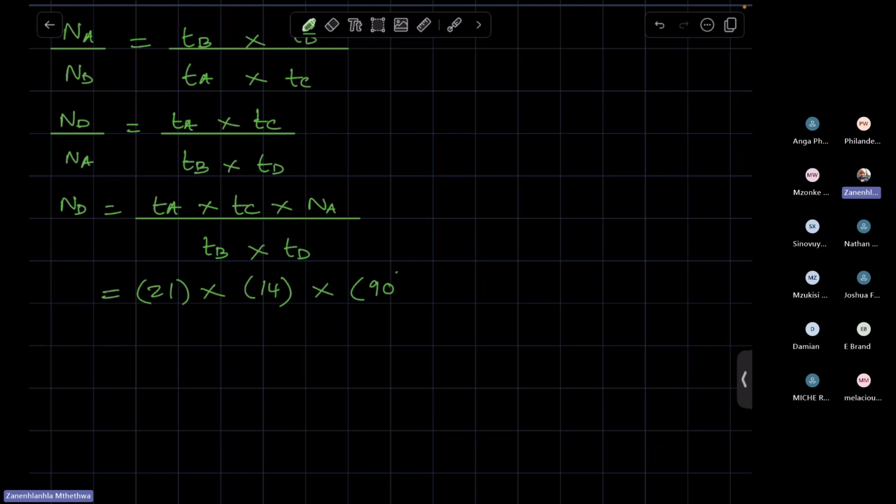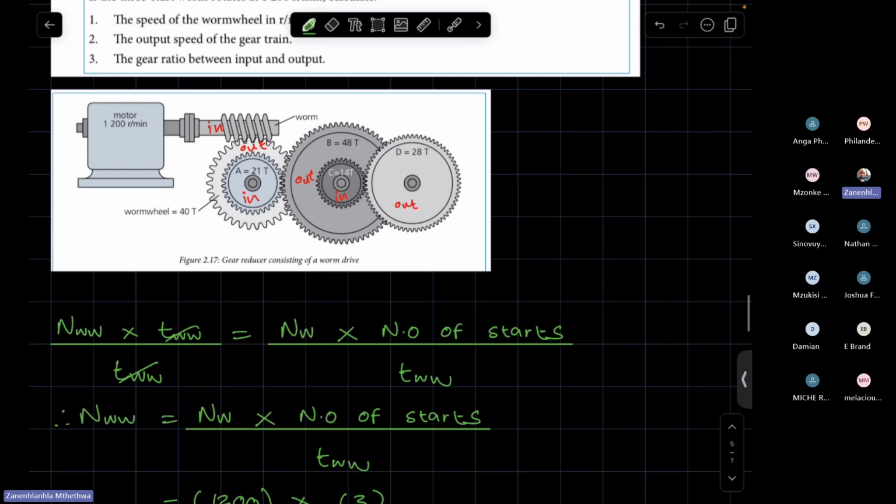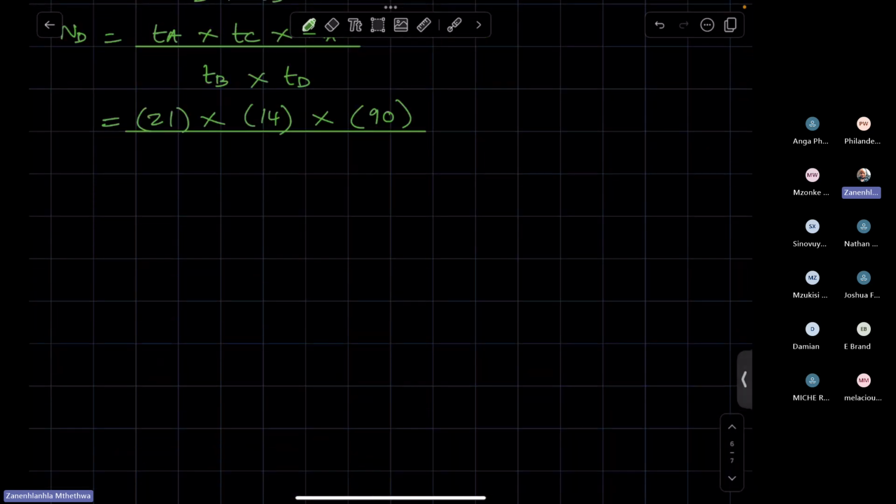So this is 90 divided by TB times TD. We now look at the number of teeth of B and D. It's 48 times 28. Now, when you punch this in your calculators, what do we get?